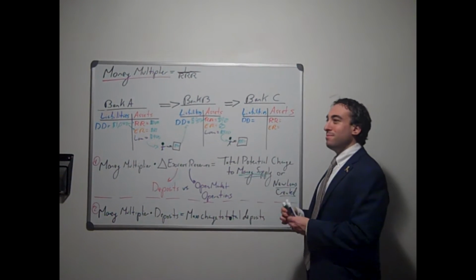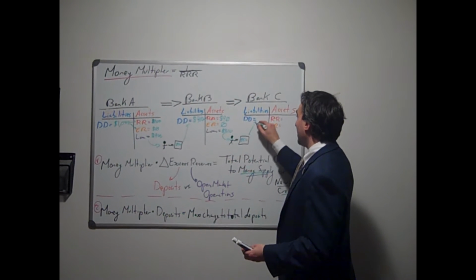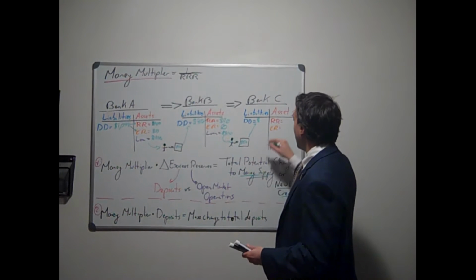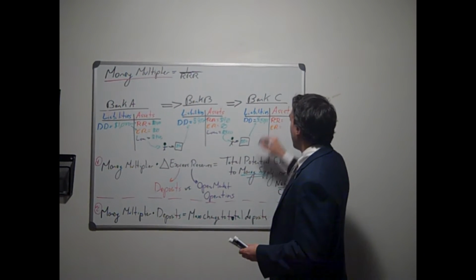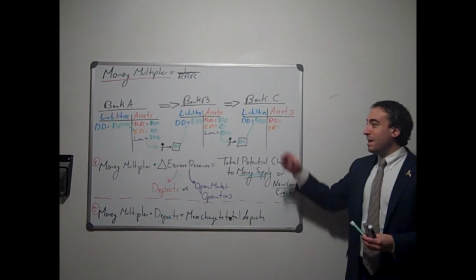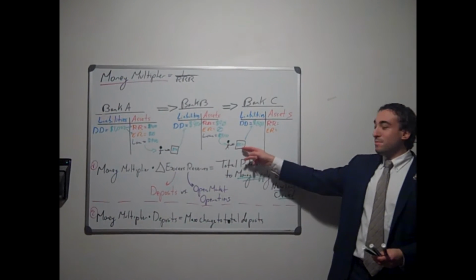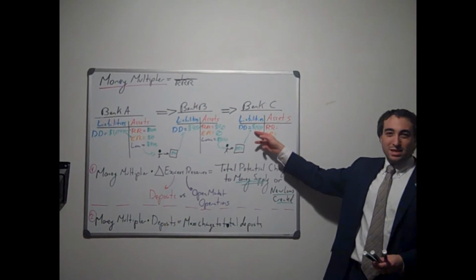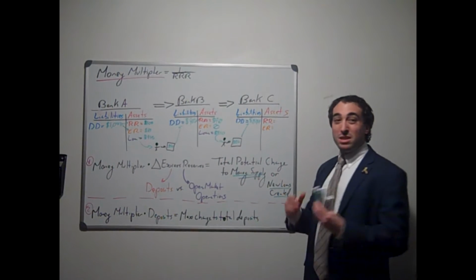What does the store do? The store has a demand deposit in Bank C. The business deposits the $810 in Bank C that it got from this person. And now what does the bank do?